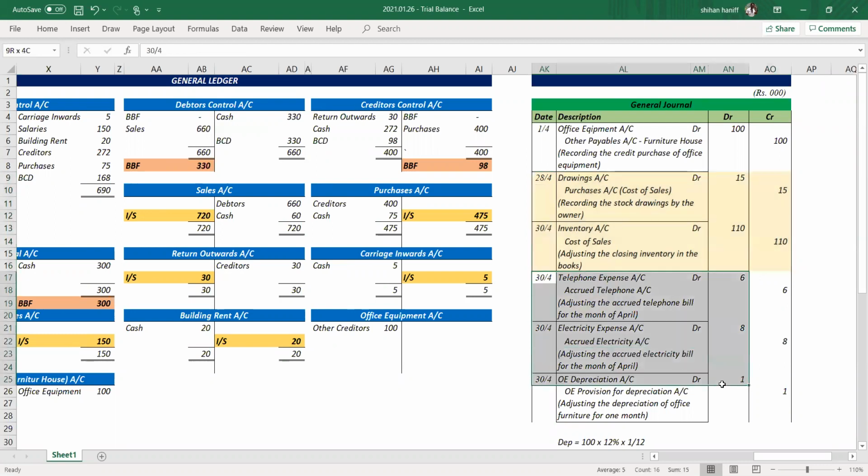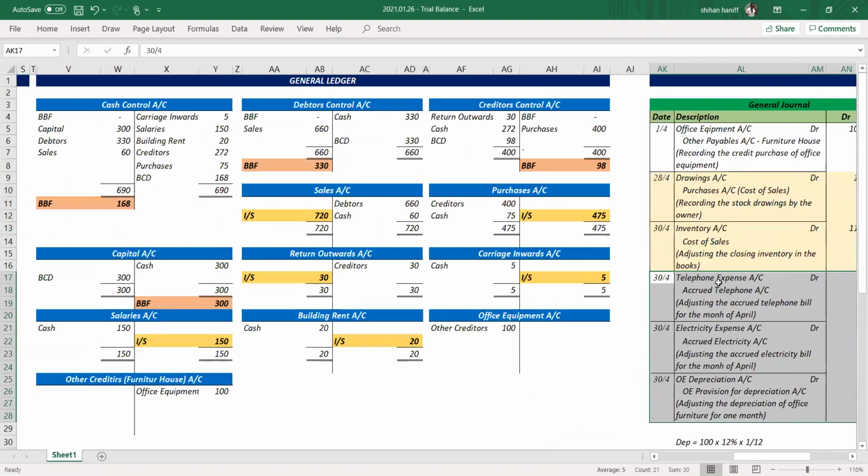We'll do the remaining transactions. Telephone expense, accrued telephone. Electricity expense, accrued electricity. Office equipment depreciation account, office equipment provision for depreciation account. So you need 6 ledger accounts to record these transactions.